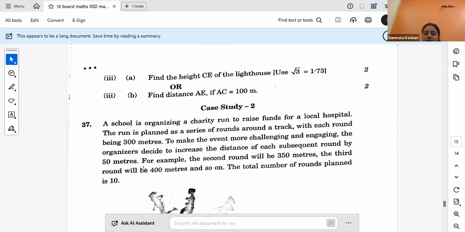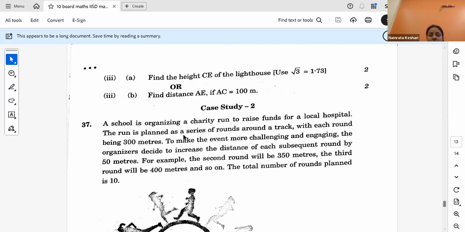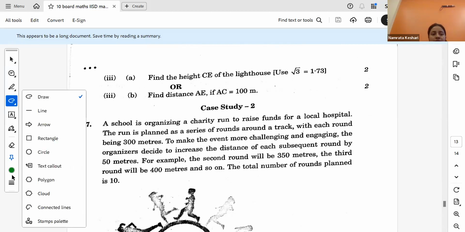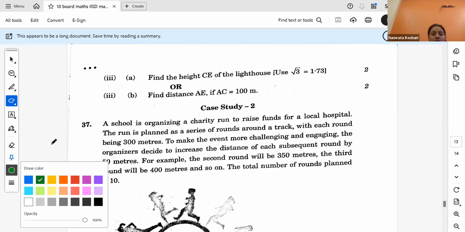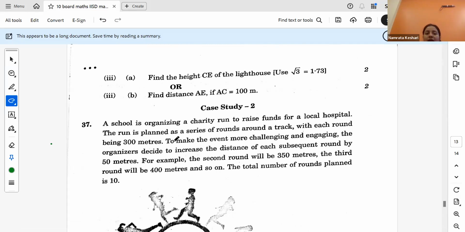Question number 37. Is it readable? A school is organizing a charity run to raise funds for a local hospital. The run is planned as a series of rounds around a track. A figure is given, with each round being 300 meters.